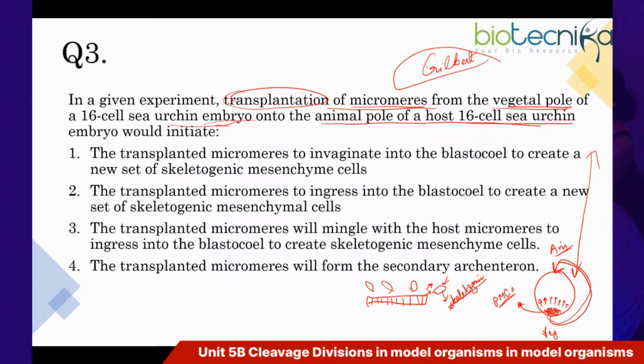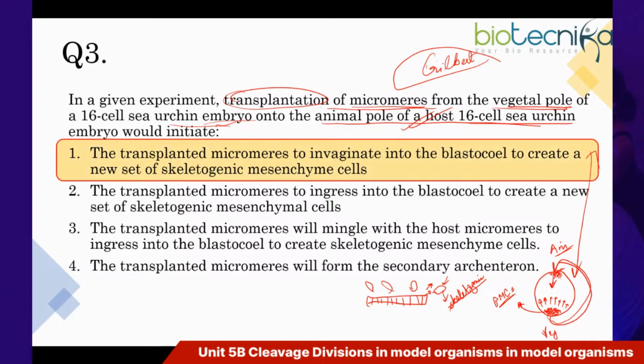In one edition of Gilbert book, it is written that if you transplant the micromeres at the animal pole, they are going to invaginate into the blastocoel. So according to Gilbert, this is the answer, because of which CSIR also has given this answer. But actually, this is not the fact. PMC doesn't invaginate.